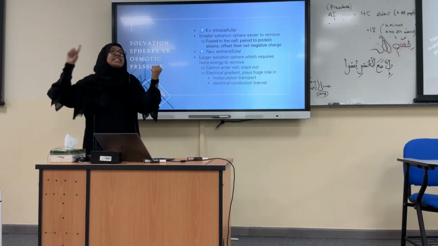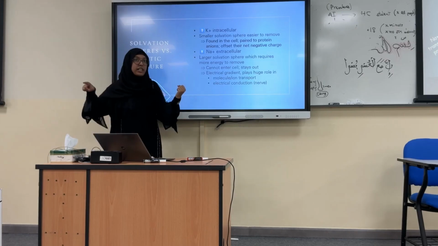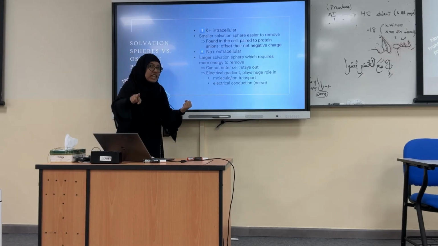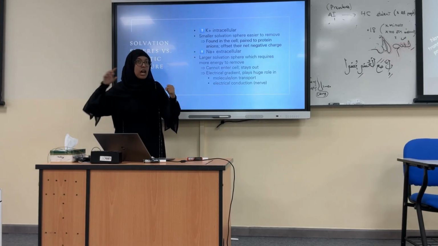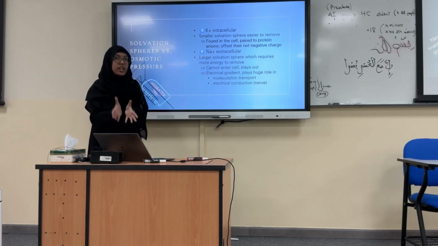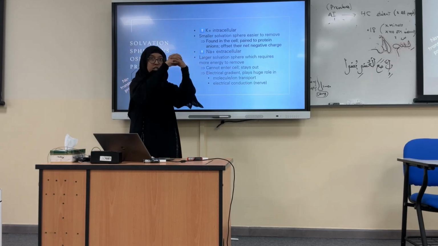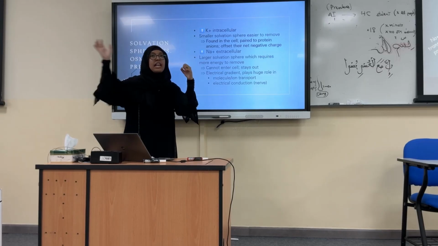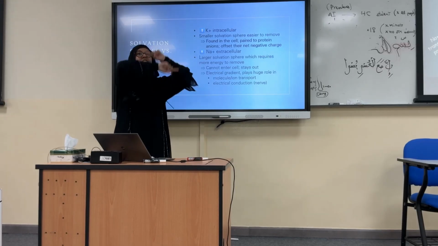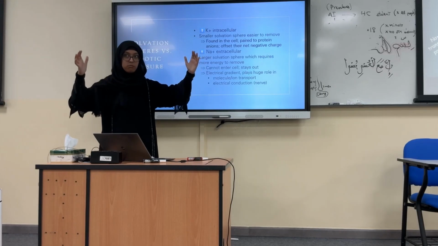So its charge density, you guys need to know this, is important. The charge density is what affects how much of a solvation sphere an ion can attract. So sodium has a higher charge density, more charge per unit volume, and it's attracting more water molecules in a tighter and larger arrangement. Okay?